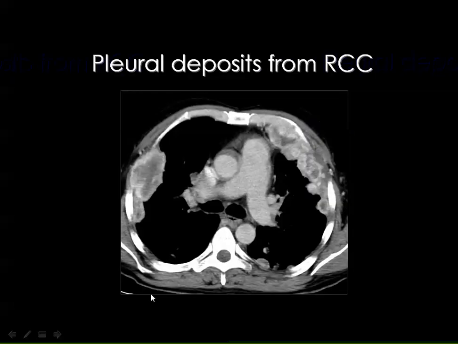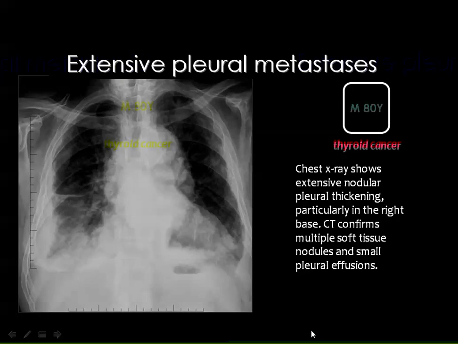Actually, in our country, we usually diagnose pleural thickening and nodular masses in the pleura as mesothelioma until proved otherwise. But if we know that the patient has a primary malignancy like renal cell carcinoma, for example, then you should diagnose these masses as metastatic from the primary malignancy.